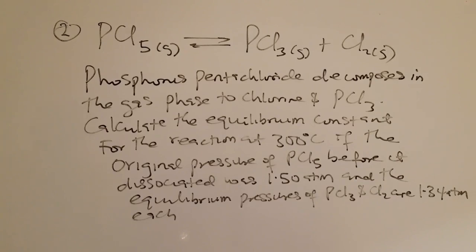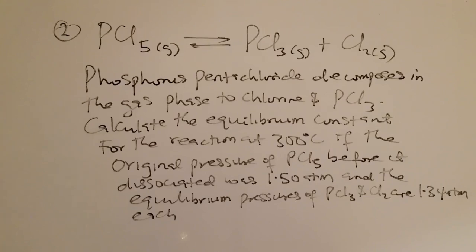Calculate the equilibrium constant for the reaction at 300 degrees Celsius, if the original pressure of PCl5 before it dissociates was 1.50 atmosphere, and the equilibrium pressures of PCl3 and chlorine are 1.3 atmosphere each.